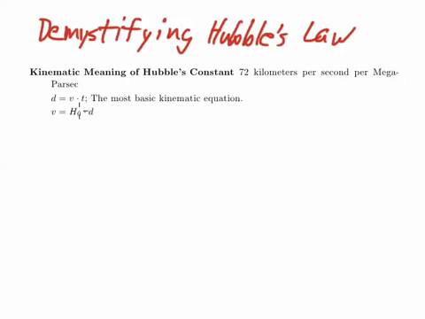What I'd like to do now is try to demystify Hubble's law. Hubble's law is this equation here. The velocity of a distant galaxy is generally equal to Hubble's constant times its distance.